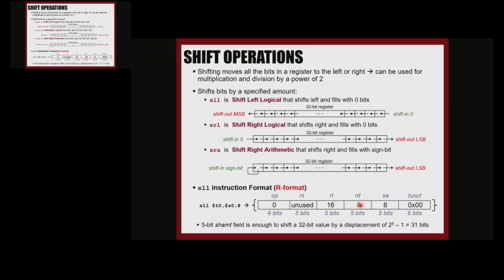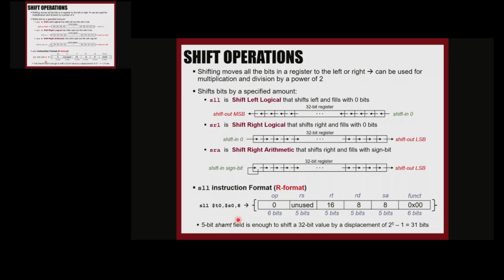But then it gets a little bit more confusing because we don't use the first source register field in the case of shift. So we have a number. This number is going to go to the shift amount field. Then we can find the opcode and the function field from the reference sheet too. But S0 is going to be in the second source field.